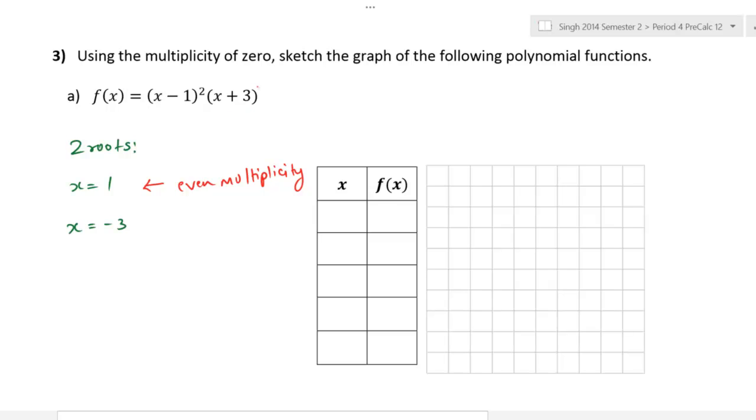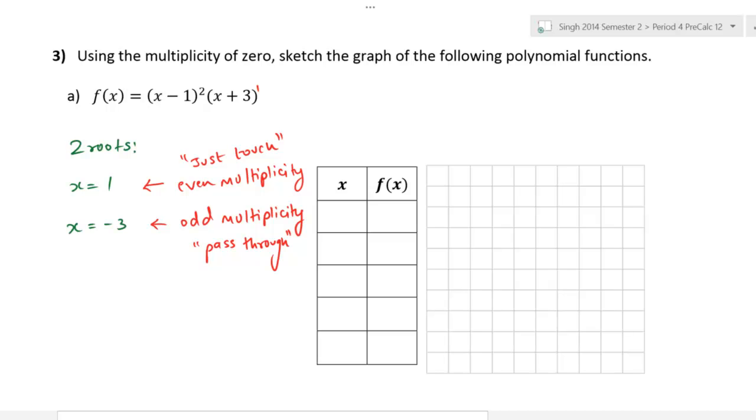Similarly, this root of negative 3 has a power of 1, so that means it's going to have an odd multiplicity. And the concept that I just learned a couple of minutes ago is, whenever we have an even multiplicity, the graph is going to just touch. And whenever we have odd multiplicity, it's going to pass through. So that's the idea we're going to use to try and create our graph.